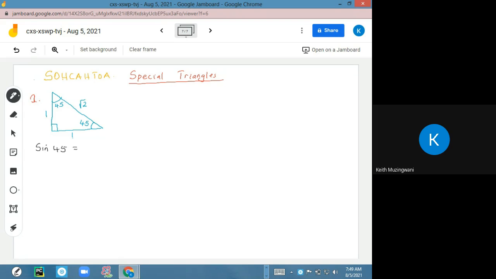So sine 45, you get the opposite is 1 over hypotenuse root 2. If you rationalize the denominator, it will just be root 2 times root 2, and on top 1 times root 2, so you get root 2 over 2. So it will be the same as what you obtained here.